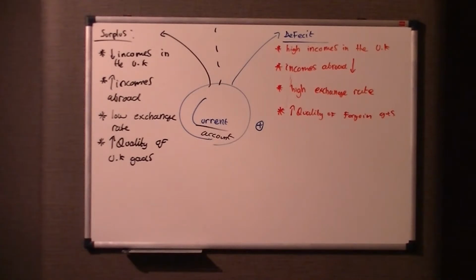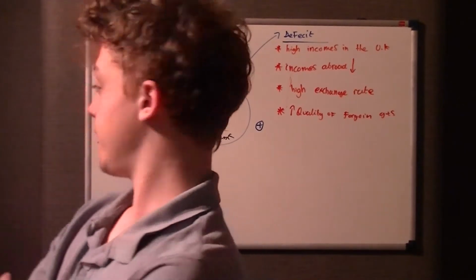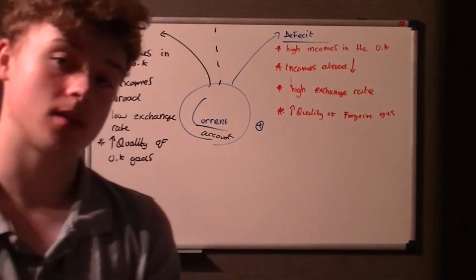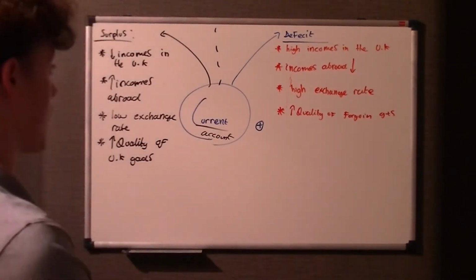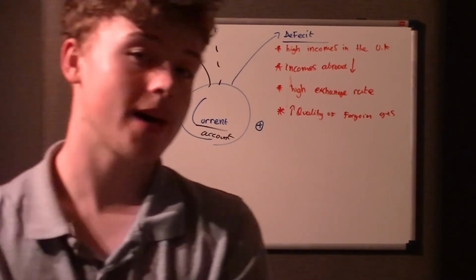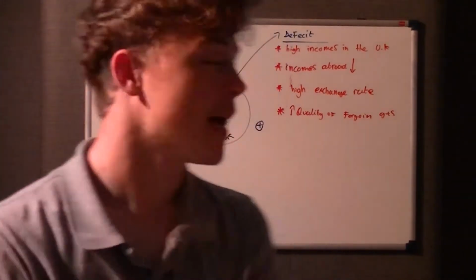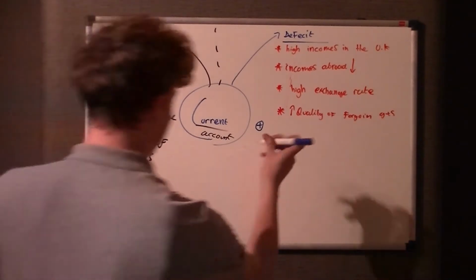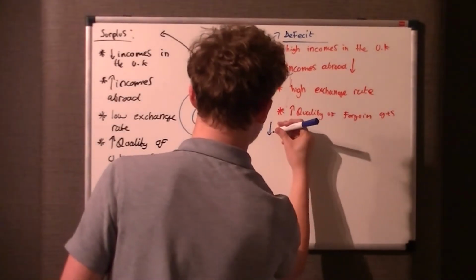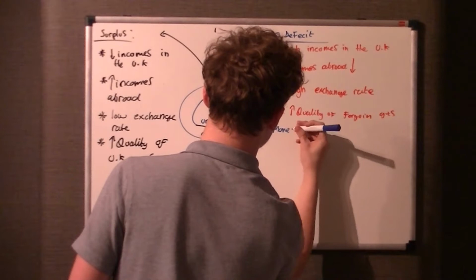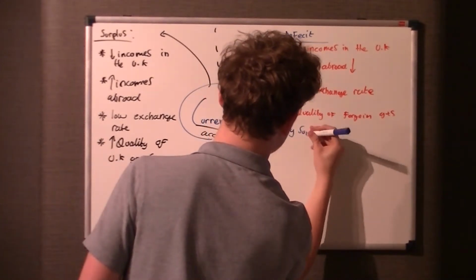Because there's less money coming into the UK, there's more debits going out of the UK. So there's going to be less money in the UK. So if the money supply decreases, so there's a lower money supply, or supply of money, whatever you want to call it, money supply.